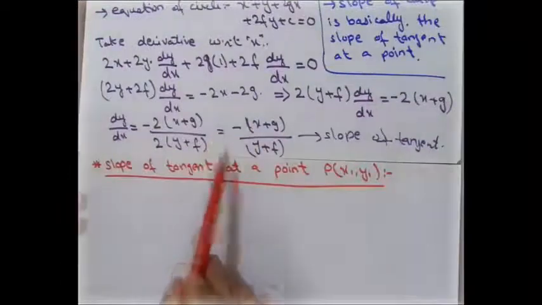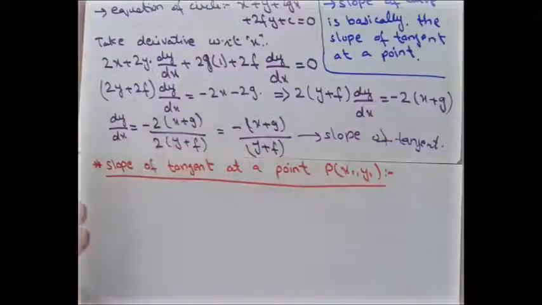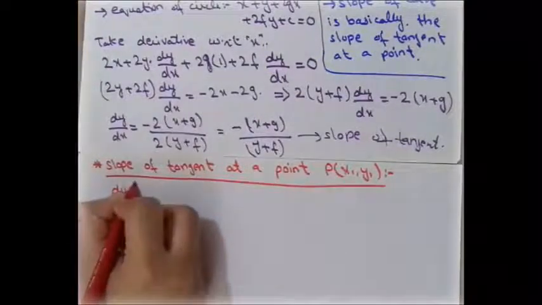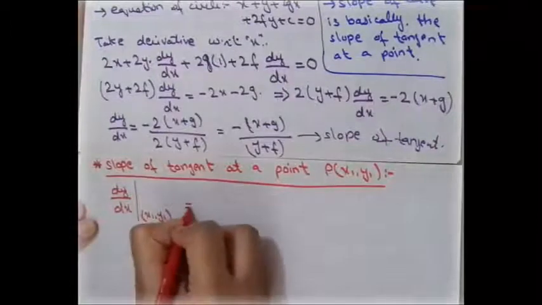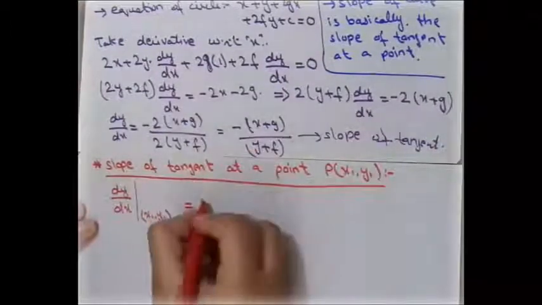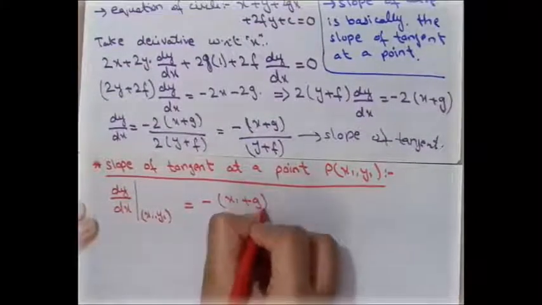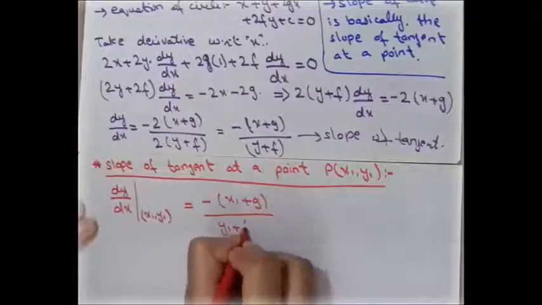This is the slope of a tangent. Now we have to find the slope of the tangent at a point P. So this is the slope of the tangent, and at this point it will be minus, x is replaced with x1, plus g, divided by y is replaced with y1, plus f.